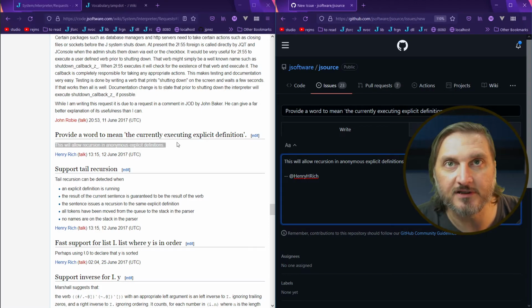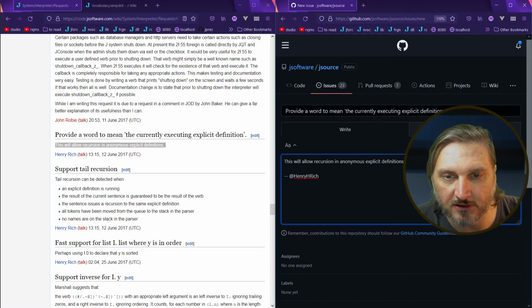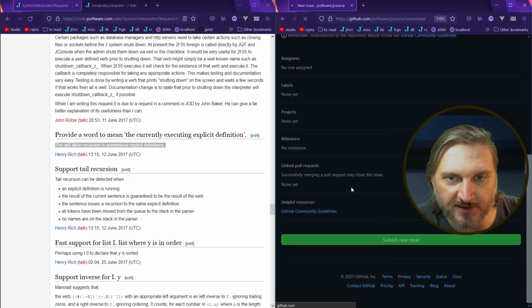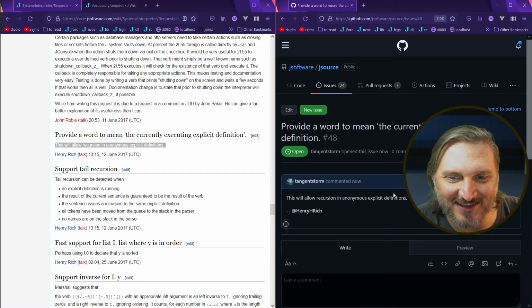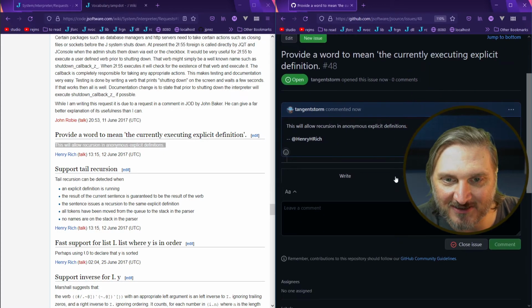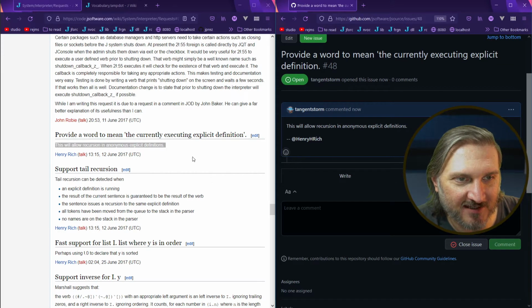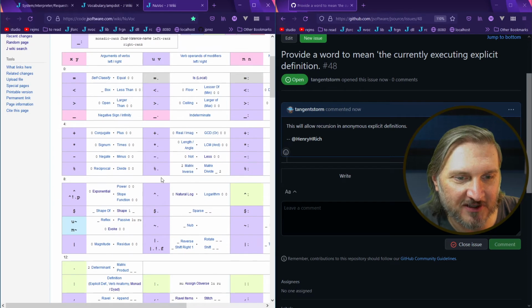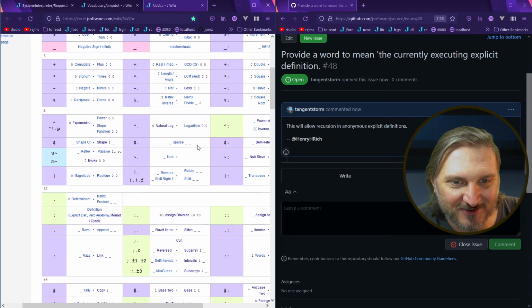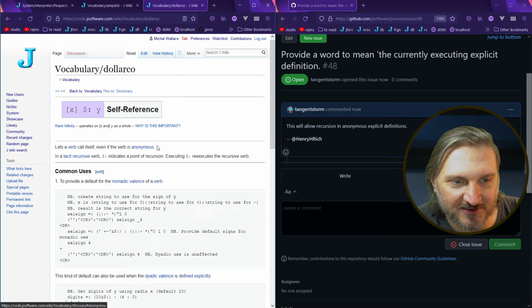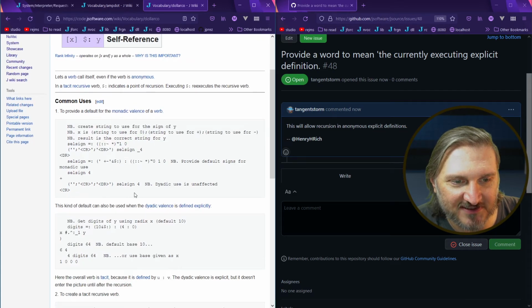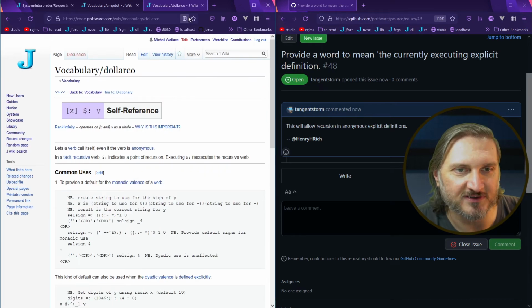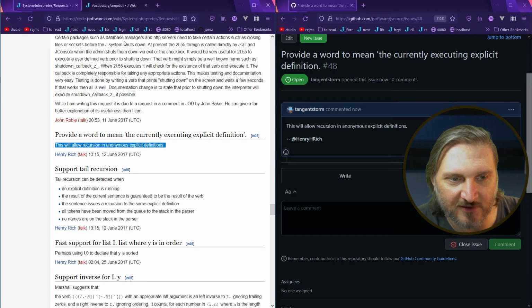In my experience, the $: has the effect of causing a stack error and does nothing else. I've basically never gotten it to work. The only way I've ever gotten it to work is by going to self-reference and copying one of these things exactly. Otherwise, I just always get a stack error anytime I've tried to use it.